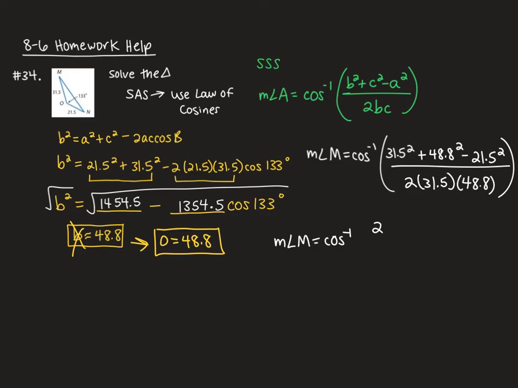And when you do that, you'll get 2,911.44 over, the denominator will be 3,074.4. And then you type that in just by itself to get that denominator. Now you can type in inverse cosine of that fraction and you'll get your answer, and then you can solve for that and the third angle. Hope that helps.